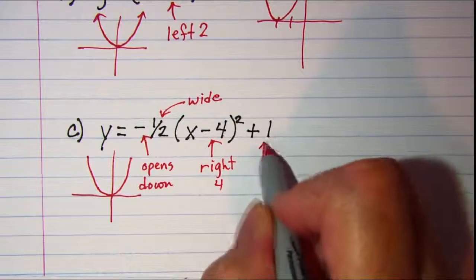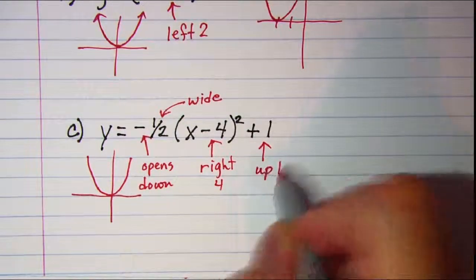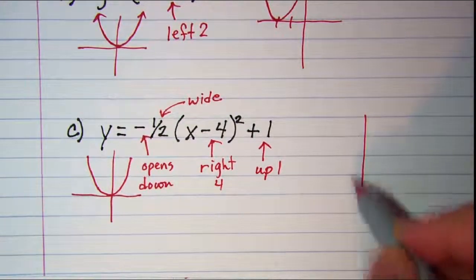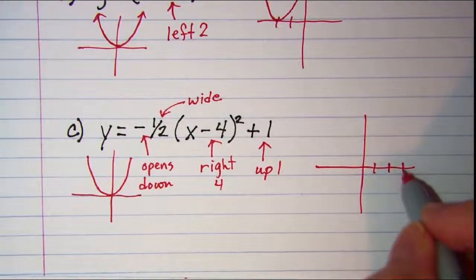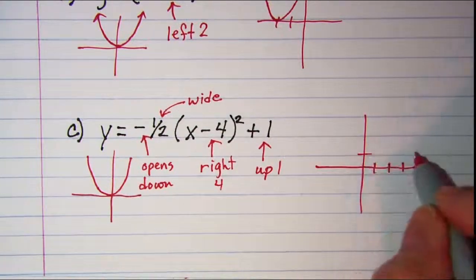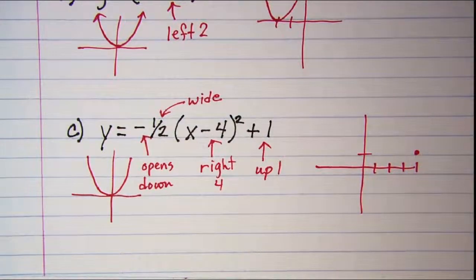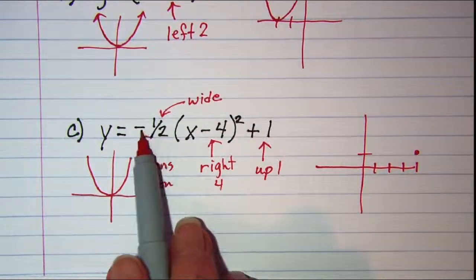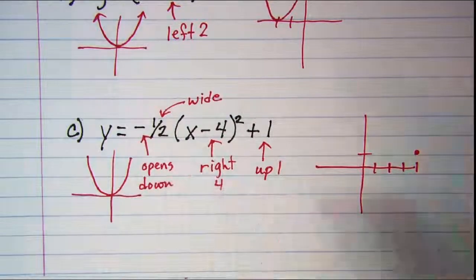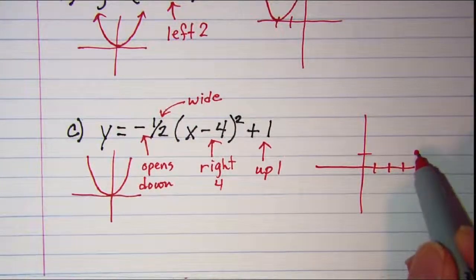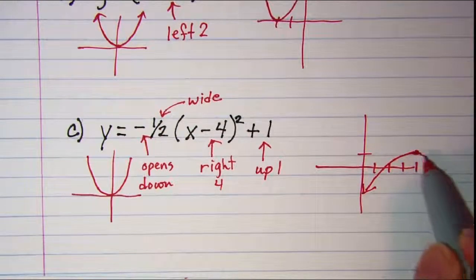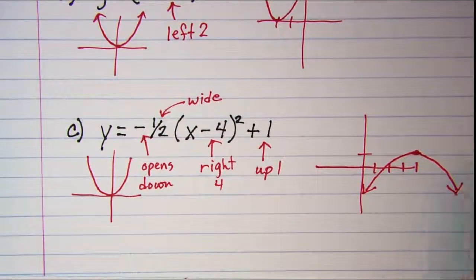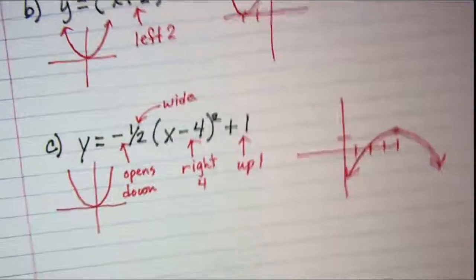And this moves it up 1. So if we wanted a sketch of this graph, we would go right 4, up 1, and that's where our vertex is. Then we have to open down, and it's going to be wide. So we could do a sketch like that then.